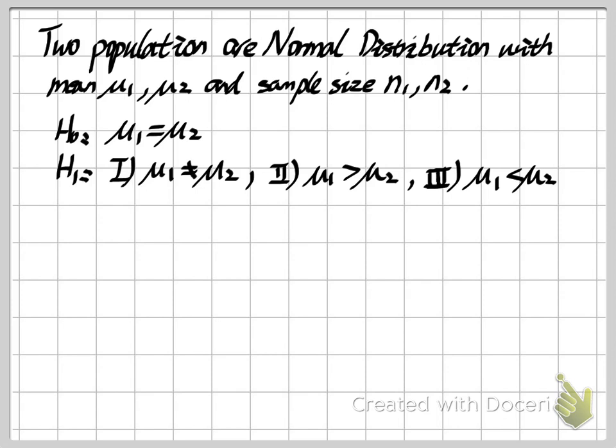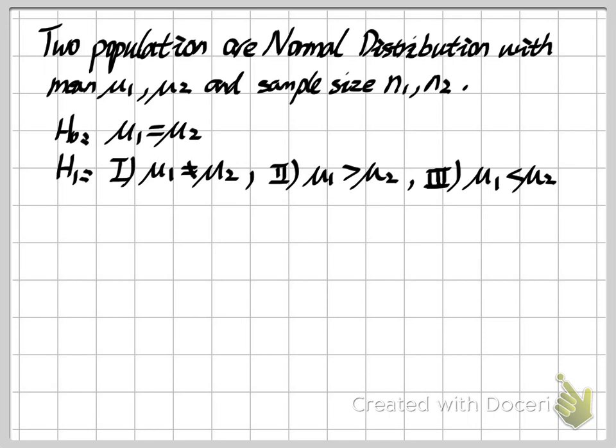Still we have three types of alternative hypothesis H1. The first one is the two-sided test, an inequation: mu1 not equal mu2. The second and third types are one-sided tests. The second is where one is larger than the other, and the third is mu1 smaller than mu2.